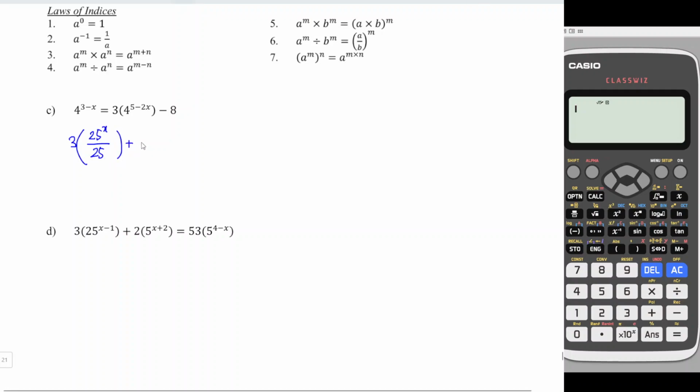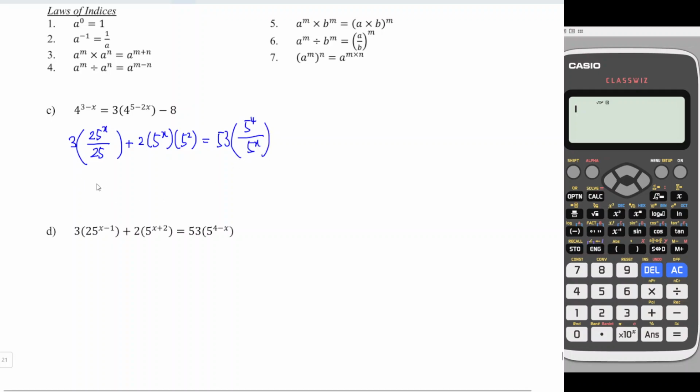So plus 2 plus, which means that multiply. So we have 5^x times 5 squared equal to 5^3 times 5 to the power of 4 divided by 5^x.